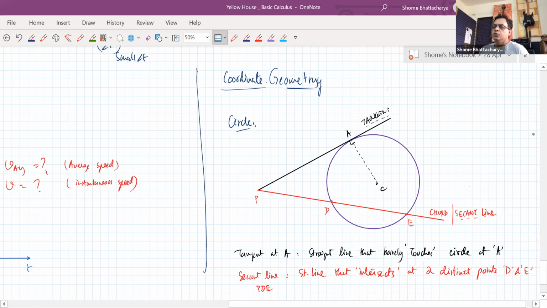So you can jot down some note about this. Now the concept of tangent and secant line is not restricted only to a circle. It applies to any shape actually, in much the same way.